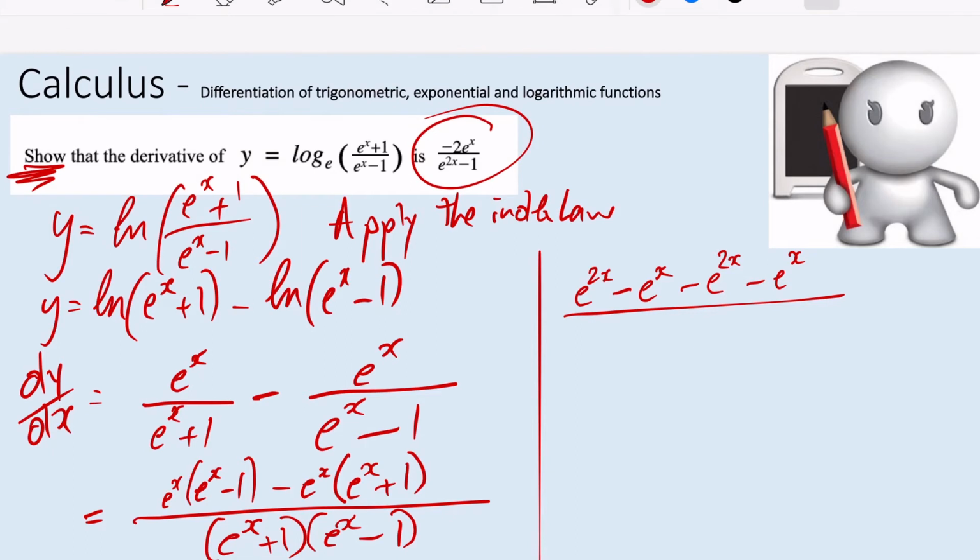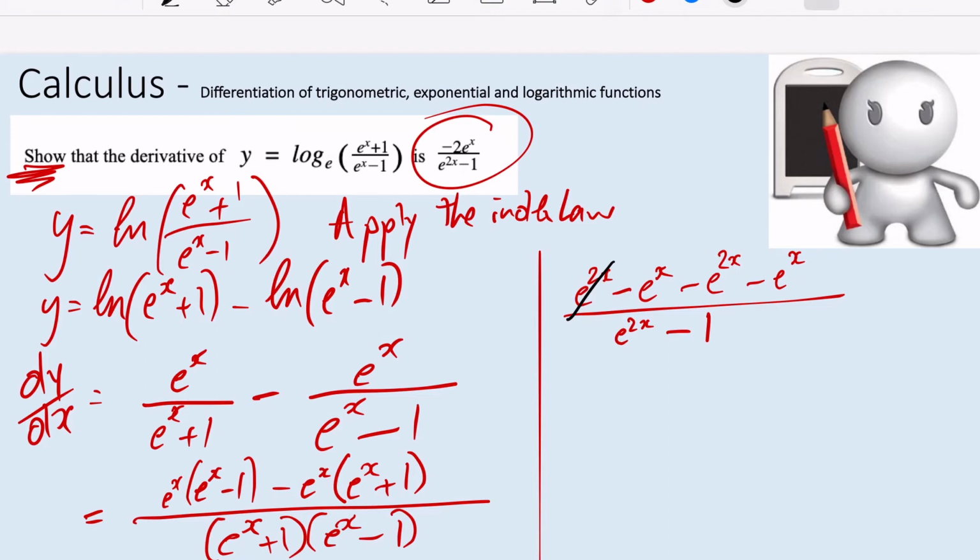Down the bottom, I've got a binomial multiplied by its conjugate, which is going to give me a result which is the difference of two squares. So e to the power of x squared is e to the power of 2x, minus 1 squared, which is 1.